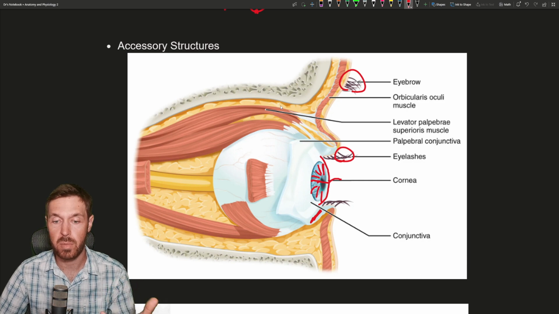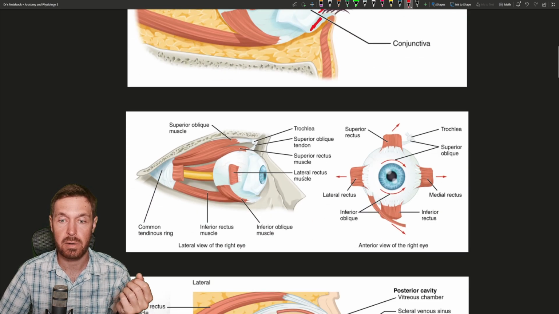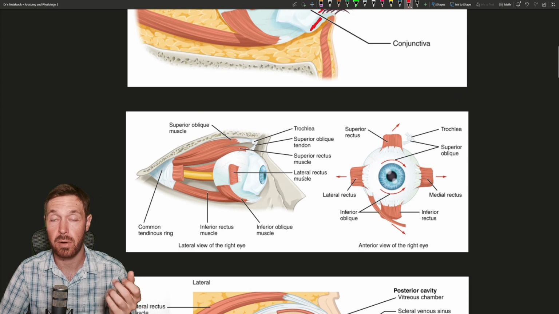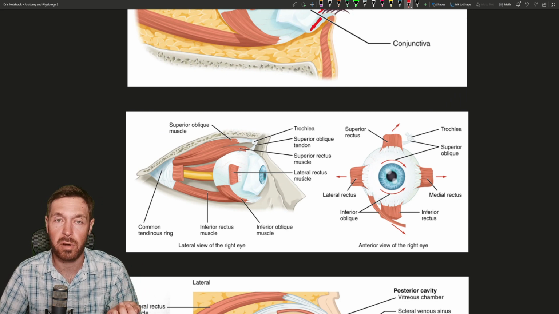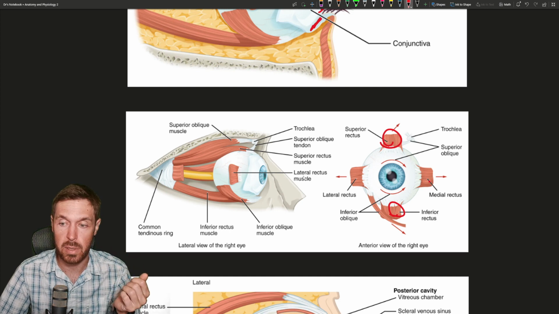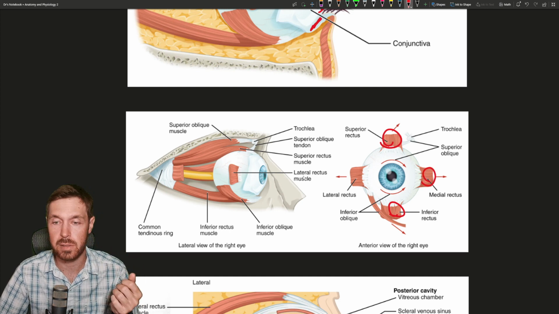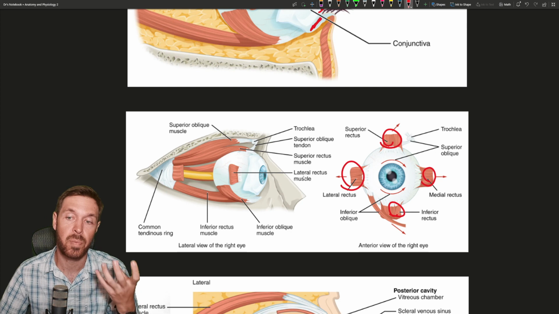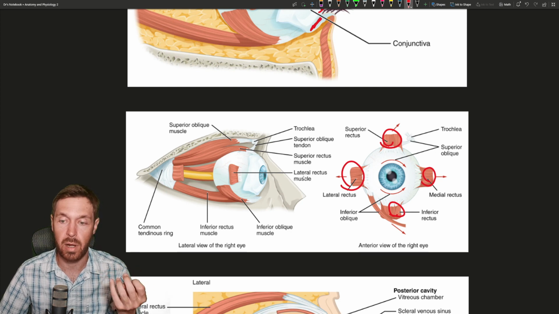And then we have all the muscles around the eye. Here it's showing the different muscles around the eye. When you move your eyeballs up, you're moving them superiorly, so that would be the superior rectus. Down, inferior rectus. To the middle would be the medial rectus, and to the outside would be the lateral rectus. So there are four muscles: up, down, left, and right.